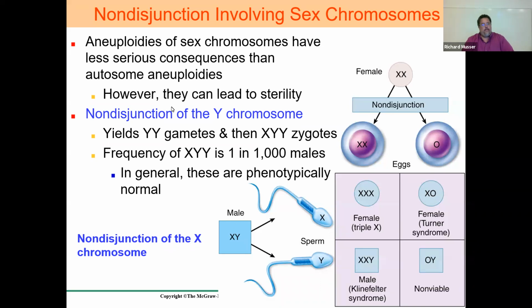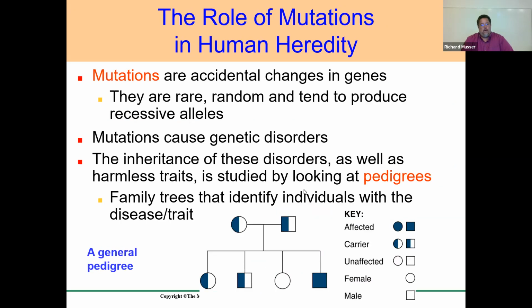So this is the non-disjunction that takes place with Y chromosomes and X chromosomes. But here's an example with the non-disjunction taking place in the egg. So those are some of the classical examples of non-disjunction, and how that affects certain traits.